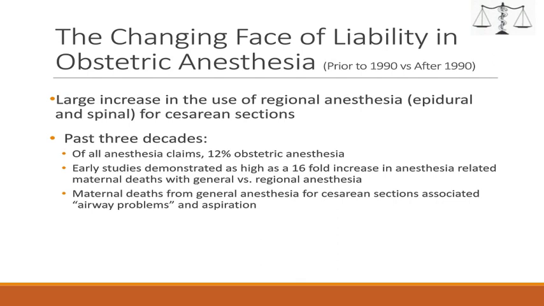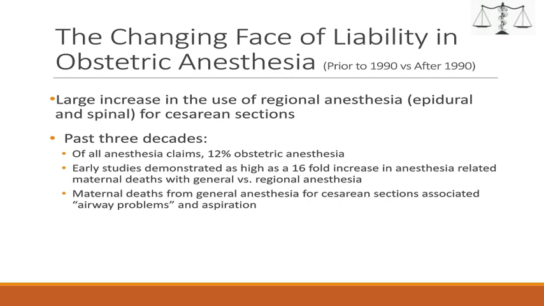Sometime between 1988 and the early 90s, there was a large increase in the use of regional anesthesia, epidural and spinal, for cesarean sections and other forms of operative procedures in the pregnant patient. I think it was perceived during this time that regional anesthesia was safer.